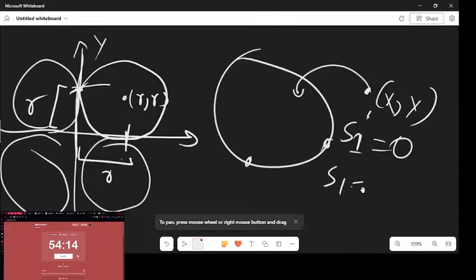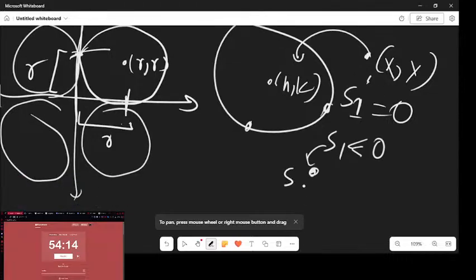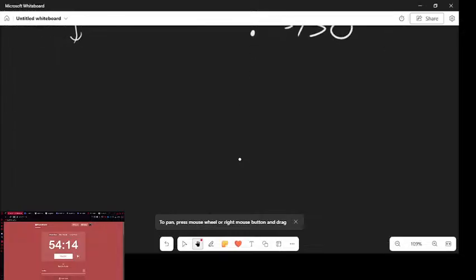If S1 is less than 0, then it lies inside, and if S1 is greater than 0, then it lies outside. Alright, that's the power of a point.